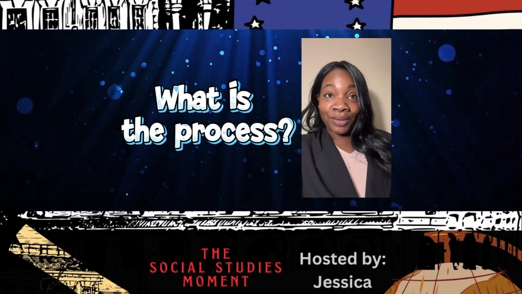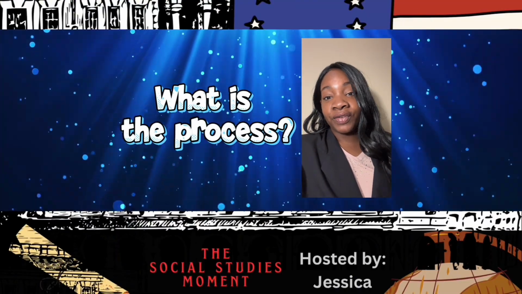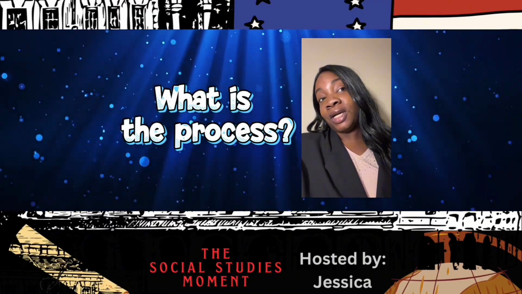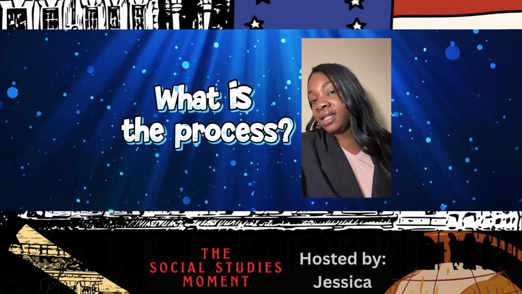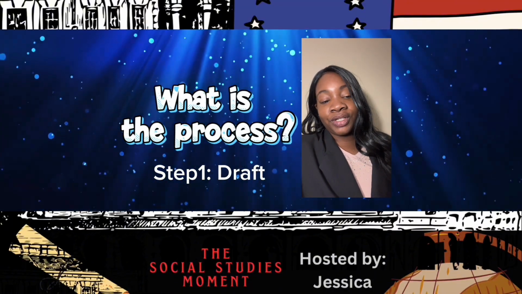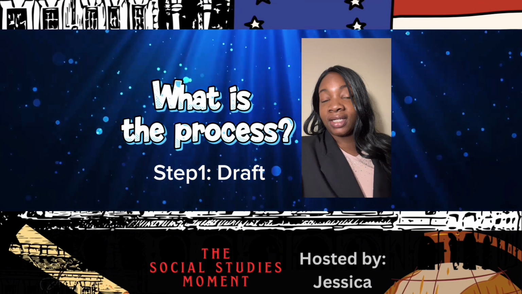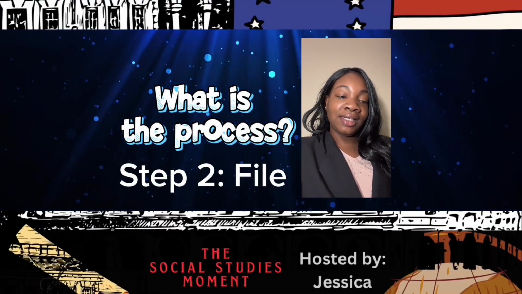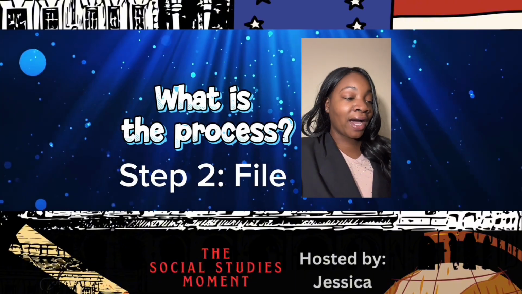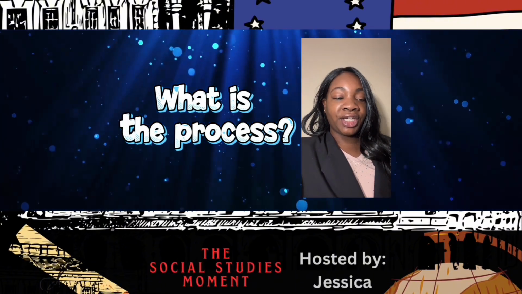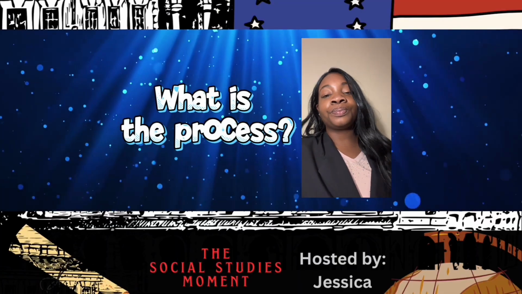So now that we know what an initiative and a referendum is, let's talk about how each one is created. With the initiative, the first step is the draft. You're going to first write the law or the amendment. The second thing you're going to do is file an application for a serial number with the Secretary of State.